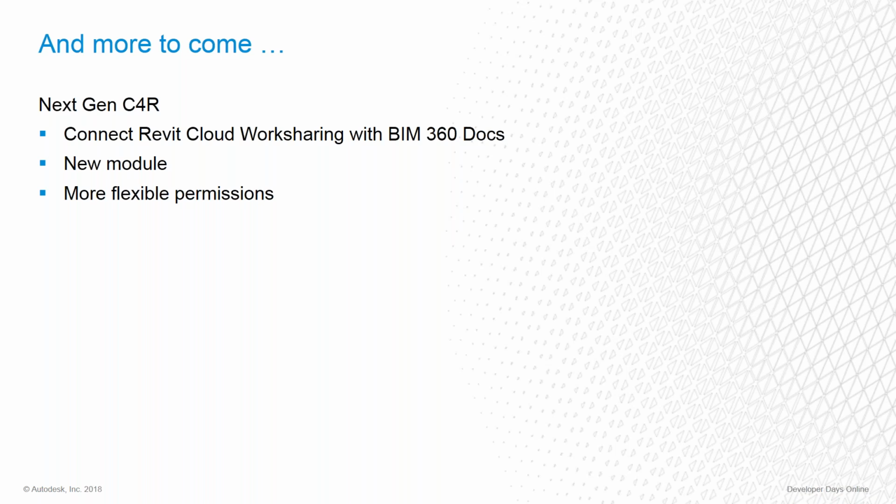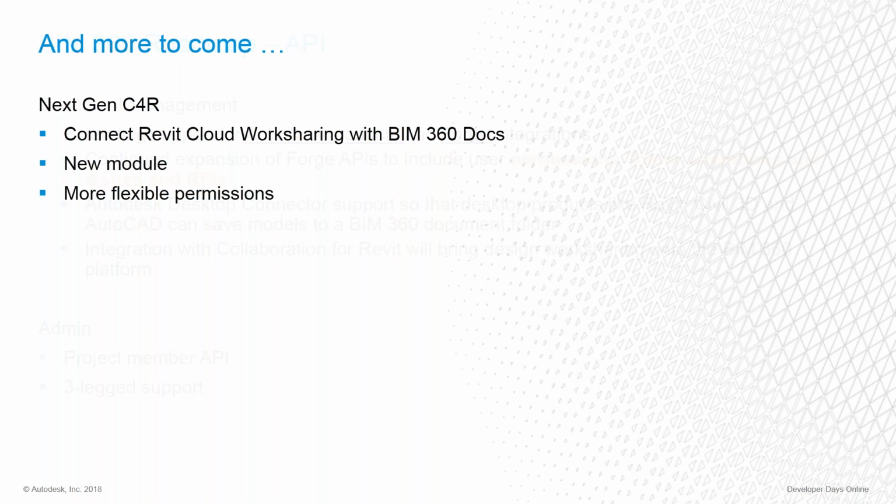Since we are moving to new features, you'll probably see more forward-looking modules. It will also take advantage of the more flexible permissions that Docs has. So it will be interesting. Again, together with Design Automation for Revit, it will be very interesting.